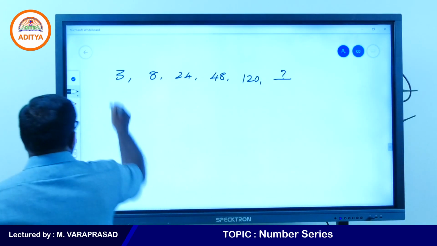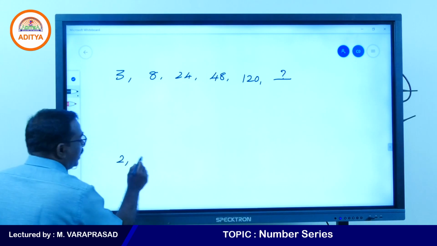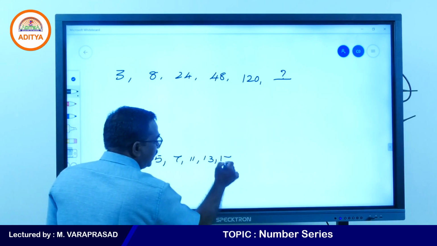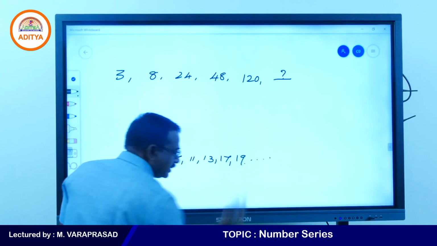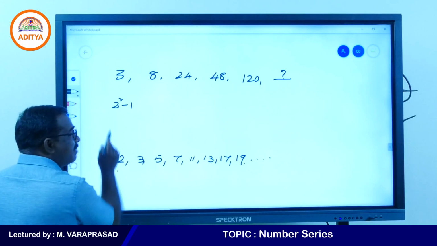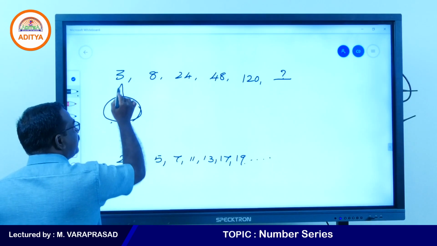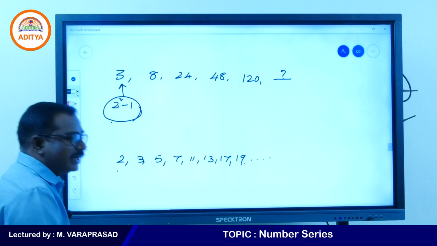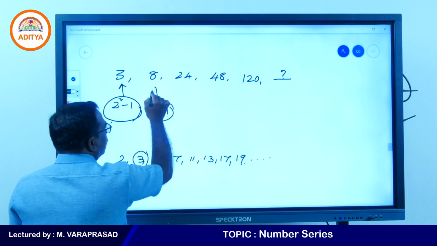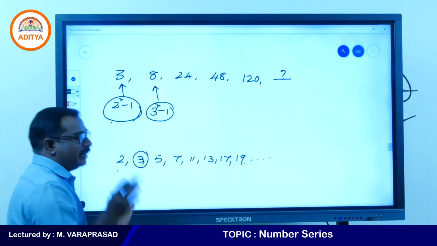Here, 3 is 2 square minus 1. The primes are 2, 3, 5, 7, 11, 13, 17, 19, all prime numbers. Prime square minus 1: 2 square minus 1 is 3, 3 square minus 1, and we are doing the questions on only prime numbers.